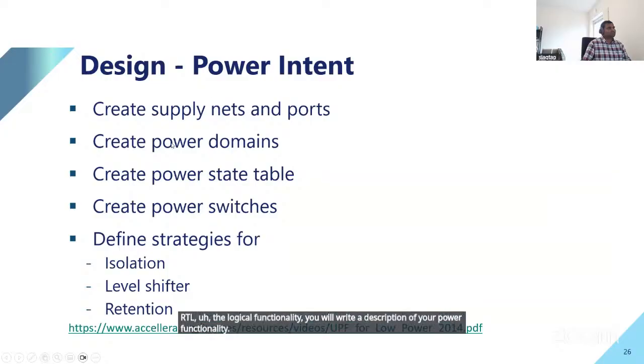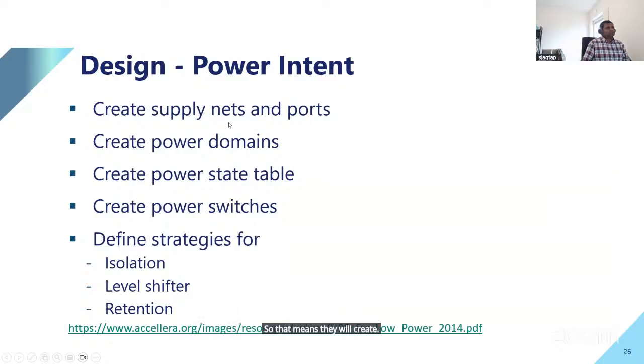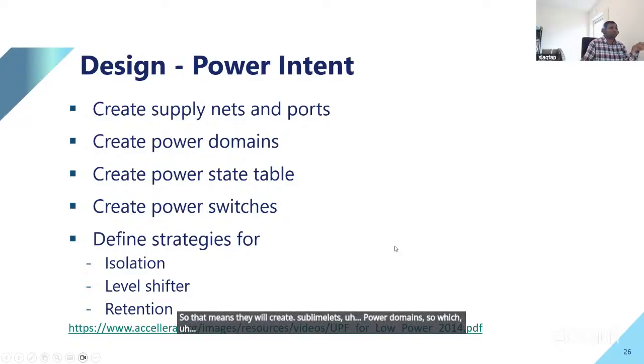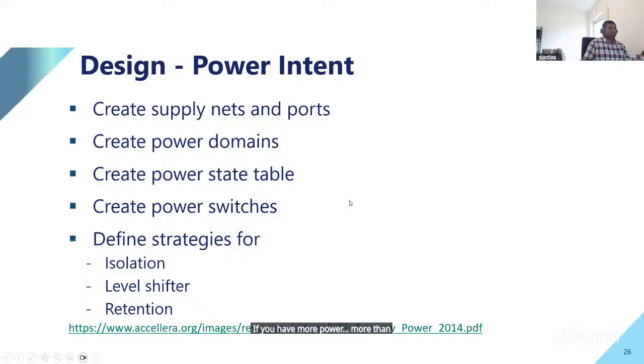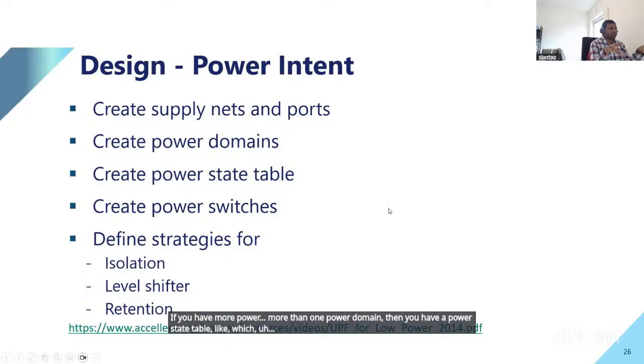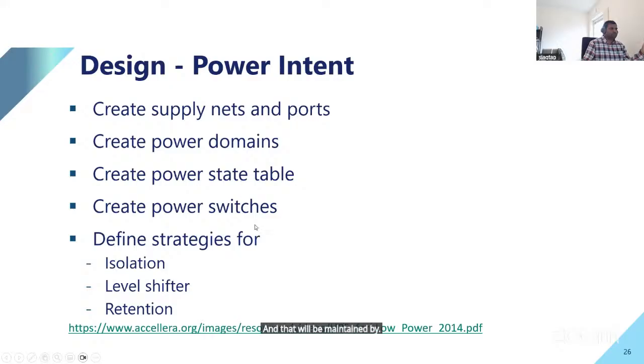That means they will create supply nets, power domains, which hierarchy of your design belongs to which power domain. If you have more than one power domain, then you have a power state table, like if you have 3 power domains, what is the state of each power domain, and that will be maintained by the state table.